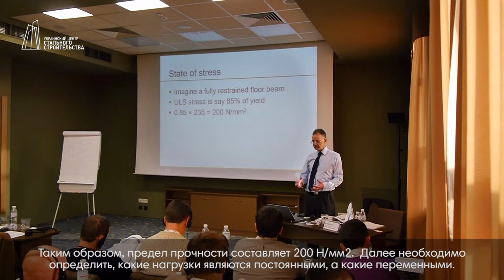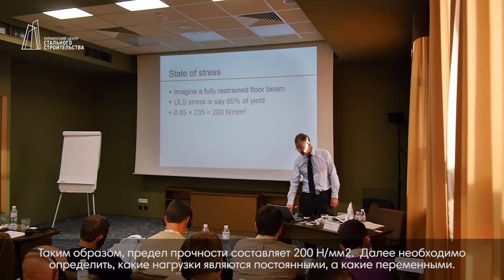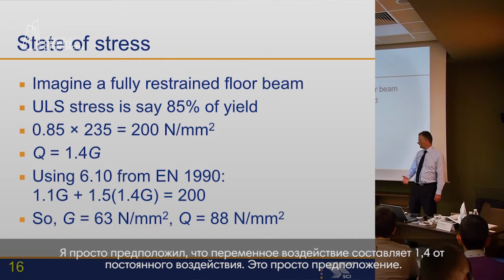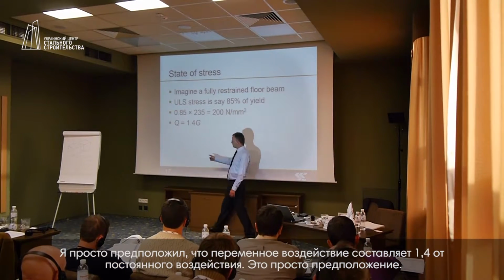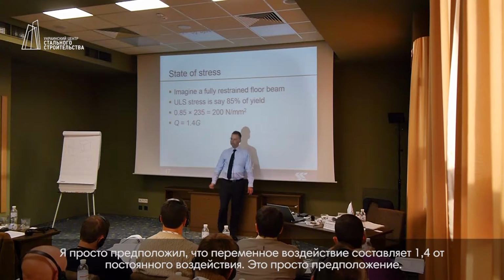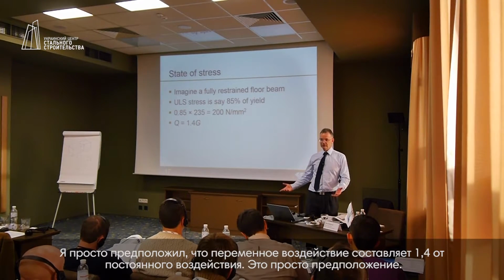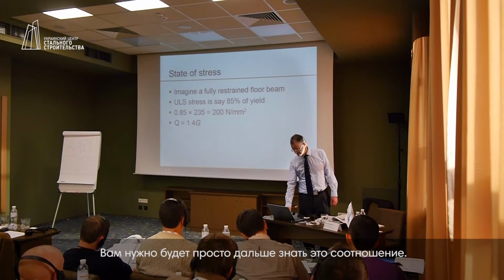But I want to know what the stress due to the permanent actions is, and what the stress due to the variable actions is. So I've made a guess, and I have imagined that the variable action is 1.4 times the permanent action. It's just a guess. You would need to know what those proportions are.